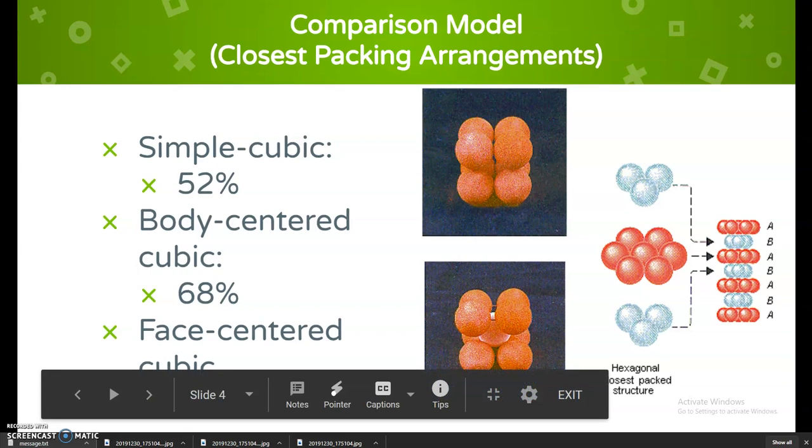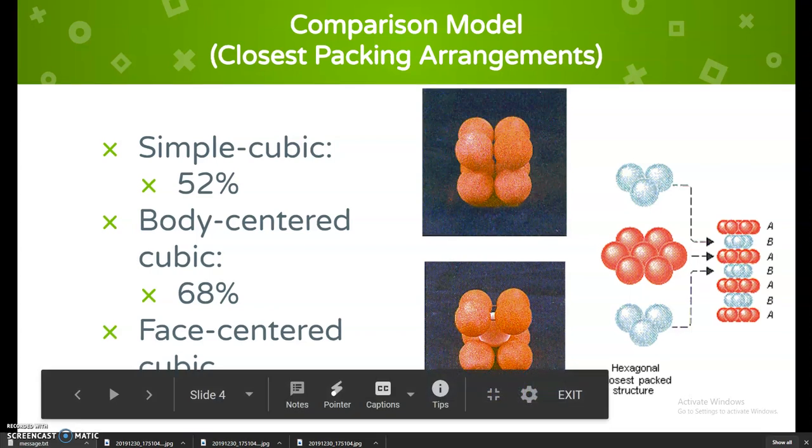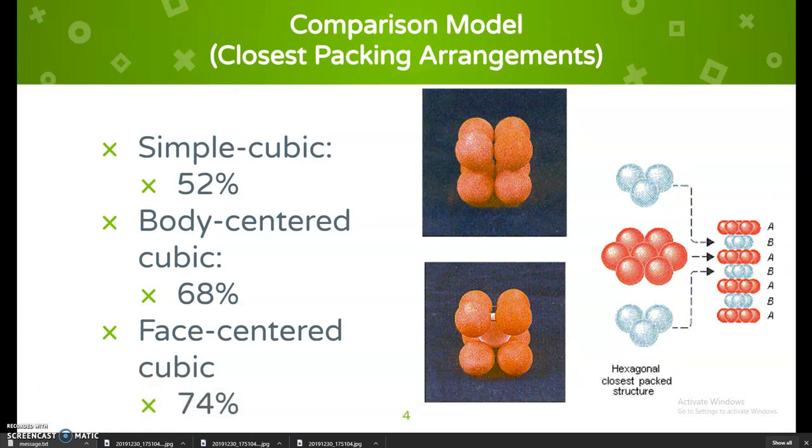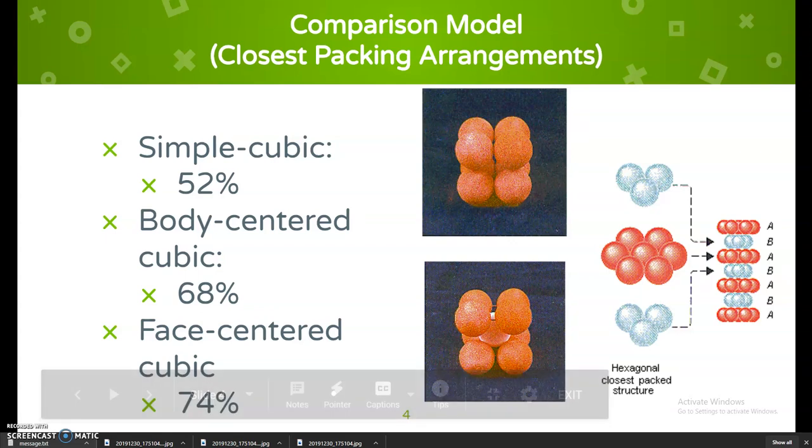Body-centered cubic packing can be compared to placing 1 tennis ball in the empty space created by 4 other balls in a lower layer. This is shown in the bottom left picture. As you can see, there is 1 ball in the center with 4 balls below it and 4 balls above it. So in body-centered cubic packing, each atom, or each ball, touches exactly 8 other atoms or 8 other balls.